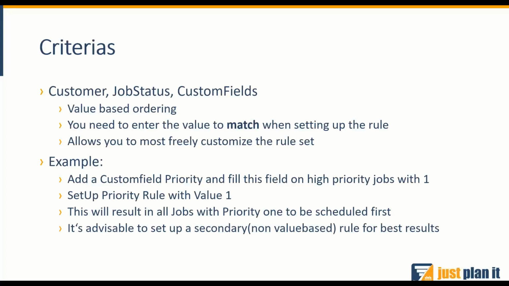All my high priority jobs need to be scheduled first to guarantee the best placement for them. This will achieve this. It is advisable, though, to set up a secondary and non-value based rule, because the order inside the priority 1 rule should still be determined KPI based.